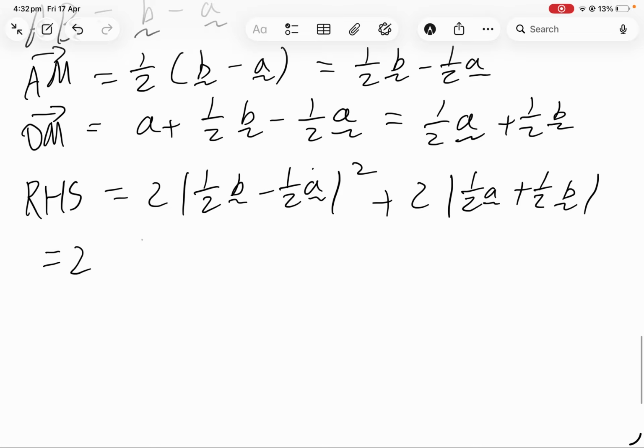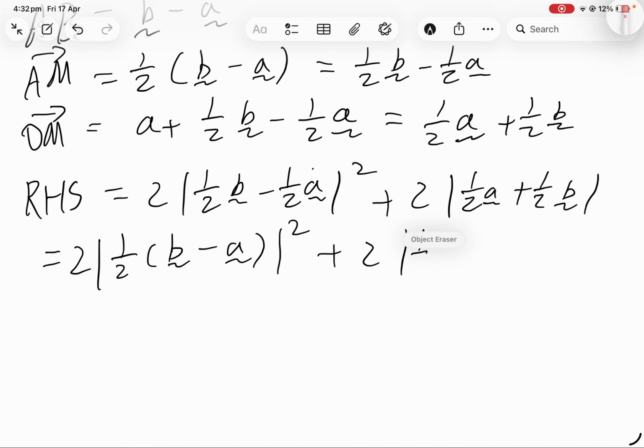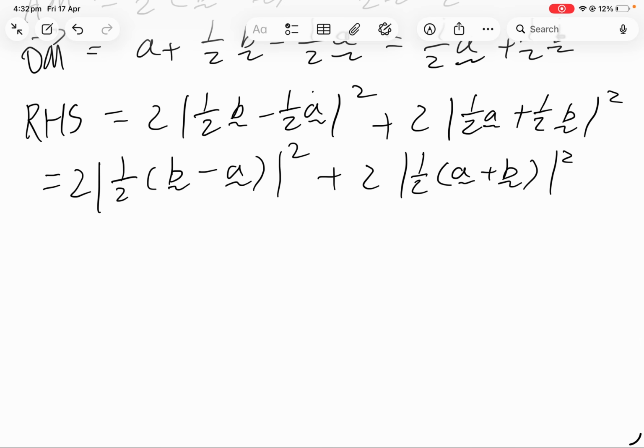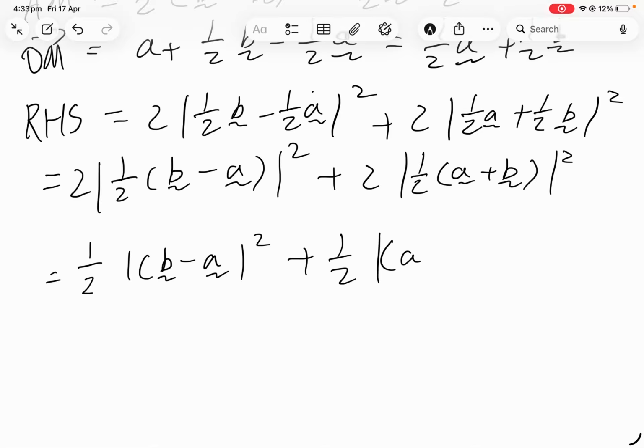So we can take out the half. The half had been squared, so if you square the half, it becomes 1/4, and then we times it by the 2, so we basically just get a half on the outside, and then still (b minus a) squared plus, half as well, (a plus b) squared.